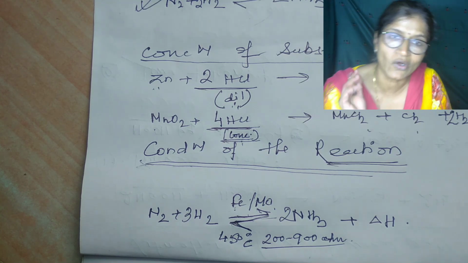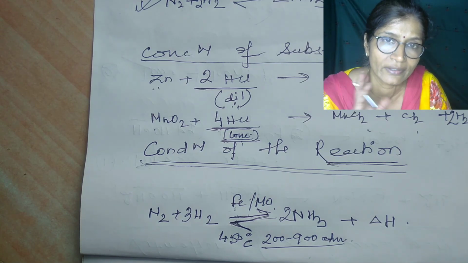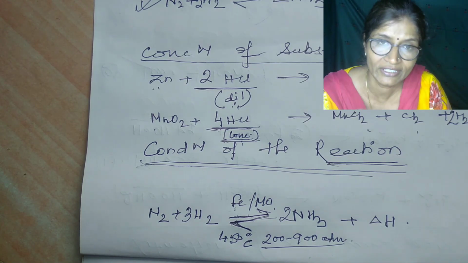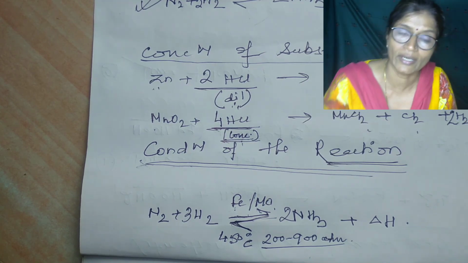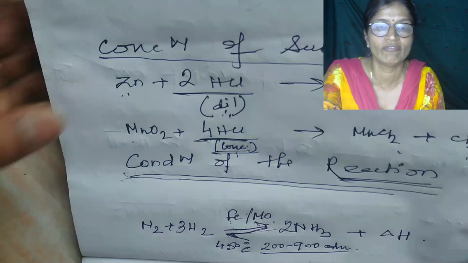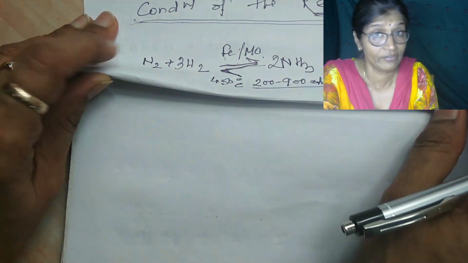So we have learned all these things in this part of the chapter, and in the next class I will explain how to balance the chemical equation and how to find the molecular weight of a substance. And yes, we will also learn about the percentage composition of a substance. In the next class we will discuss all these things. So this is all for today.